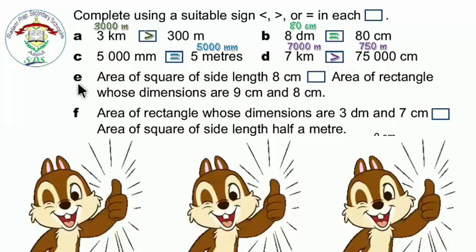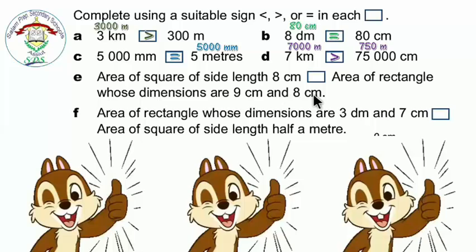The third one, area of a square of side length 8 centimeters. We know area of square equals side length times side length. So area will be 8 times 8 equal 64 square centimeters. Area of rectangle whose dimensions are 9 centimeters and 8 centimeters.